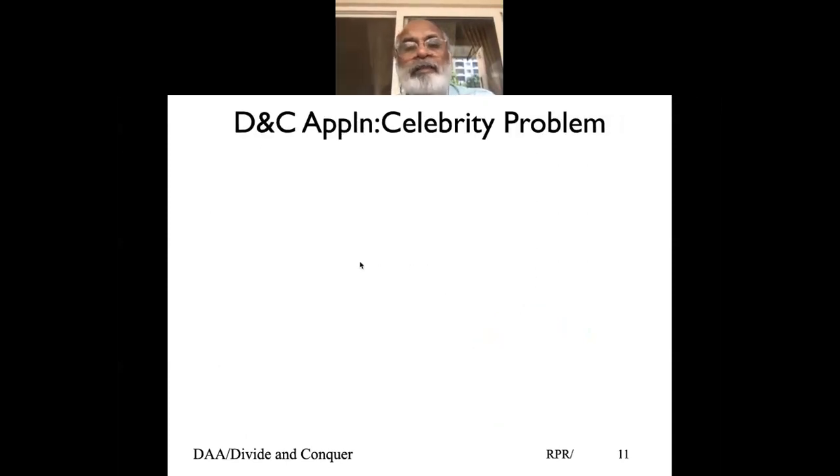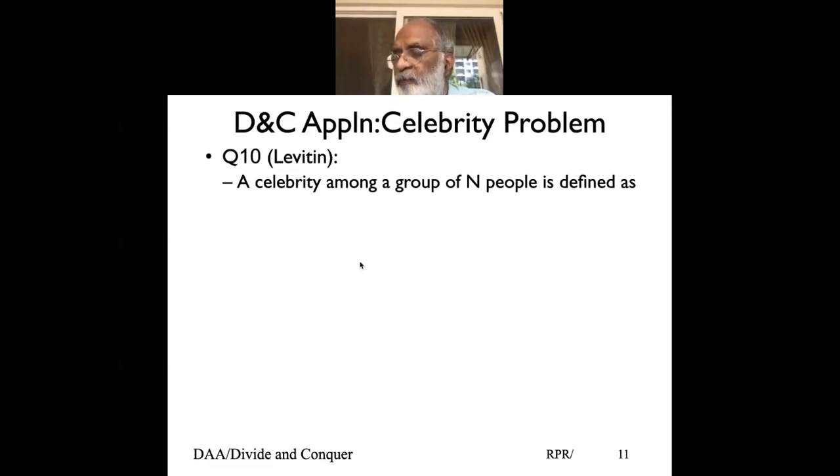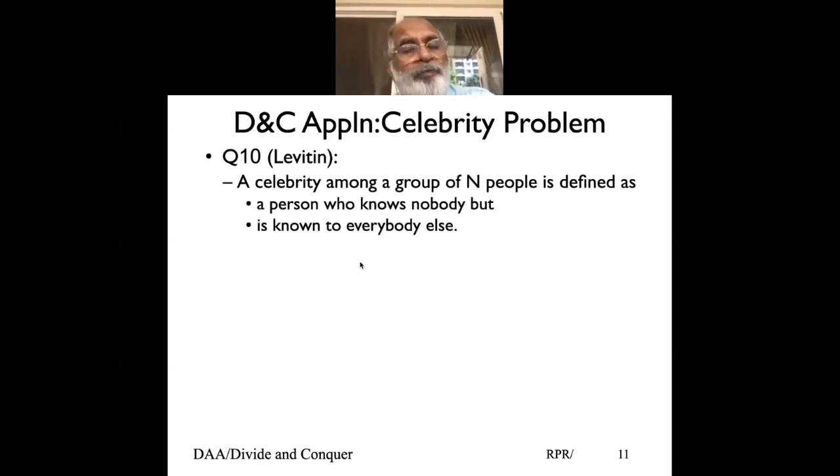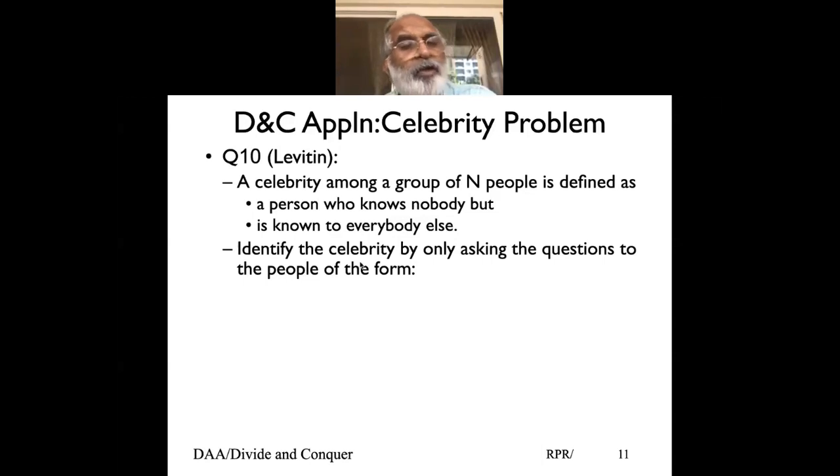So let's look at a beautiful example of how to use the divide and conquer or decrease and conquer approach. This example is given in your Levitin book. The celebrity problem: let's define a celebrity. A celebrity is a person in a group such that everybody knows that person, but that person does not know anybody.